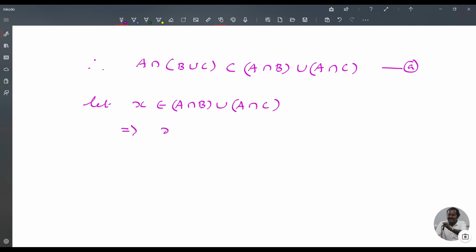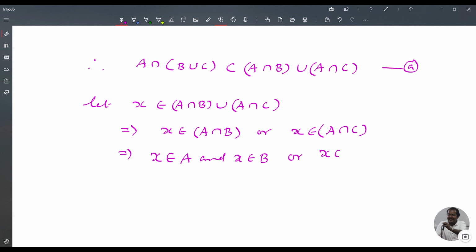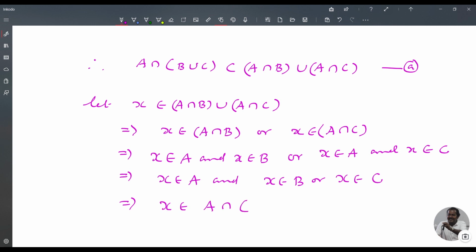So this implies x belongs to A intersection B or x belongs to A intersection C. So this implies x belongs to A and x belongs to B, or x belongs to A and x belongs to C. So this implies x belongs to A and x belongs to B or C. So this implies x belongs to A intersection (B union C).